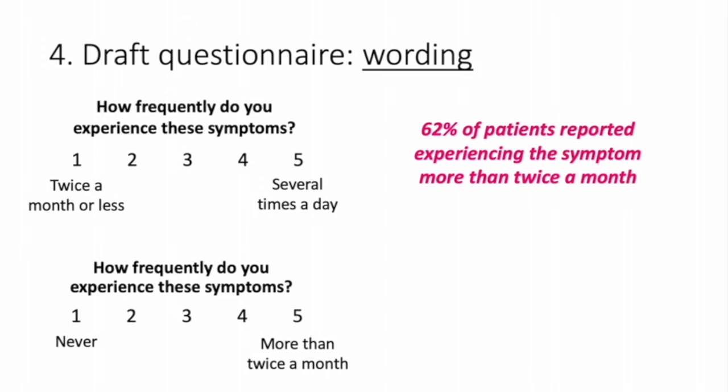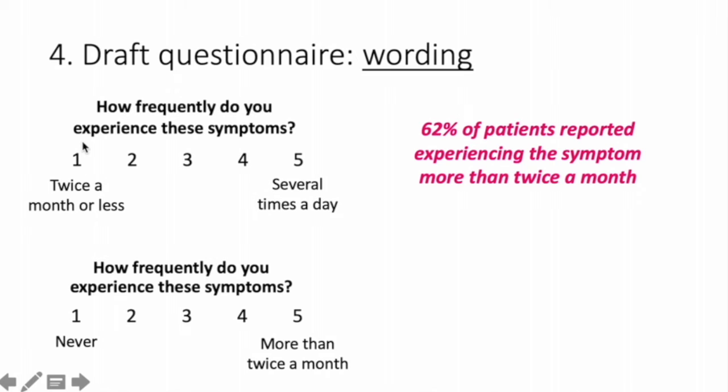So in the first case, 62% of patients reported experiencing the symptoms more than twice a month. Because if somebody never experienced a particular symptom, their only option was to select 1.